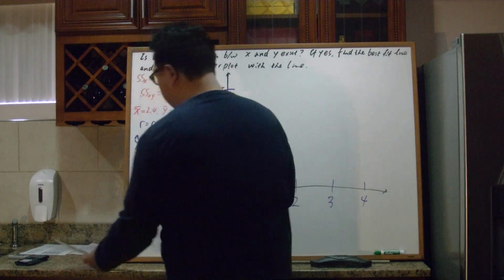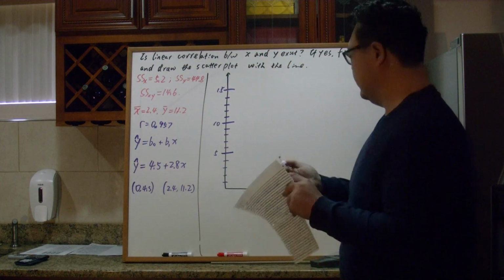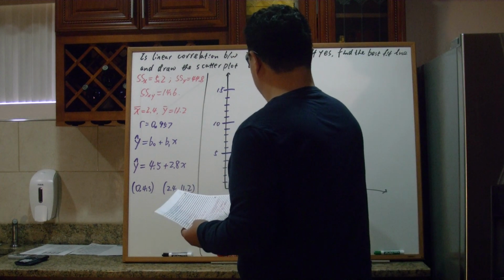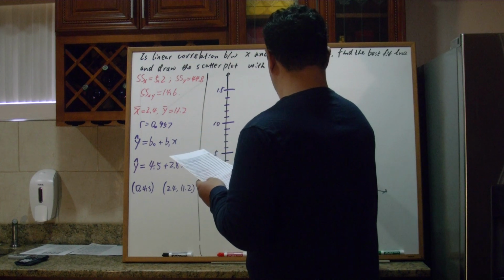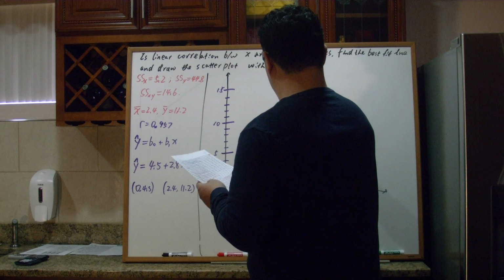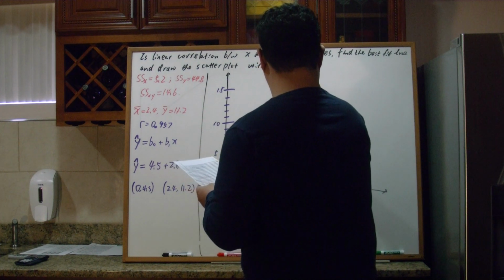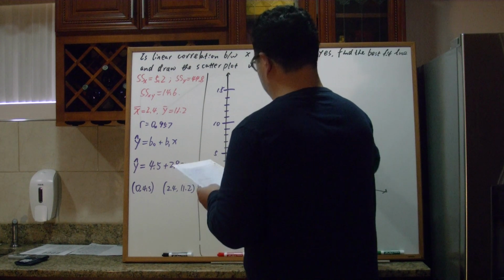If you have the points recorded, we get 1, 7, the first point. Then 2, 9. 2, 9 is a little bit down, but anyhow, that's here.